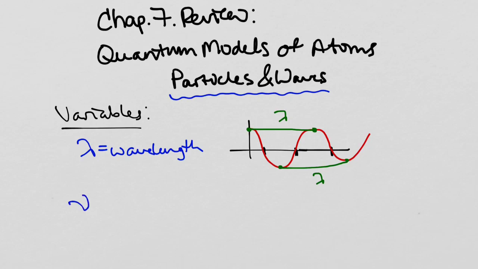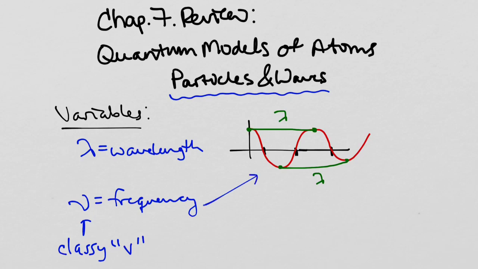The next variable is nu, which is basically a classy v, which looks like a u. And this is the frequency, which is the amount of times that any point on that wave passes a particular location on the graph.